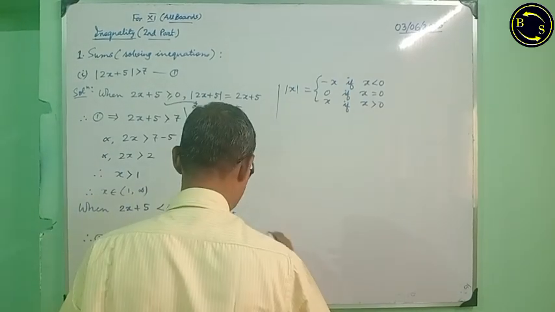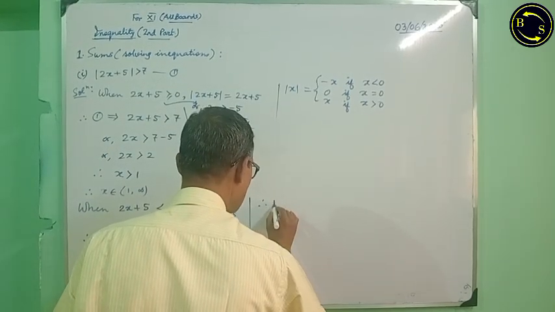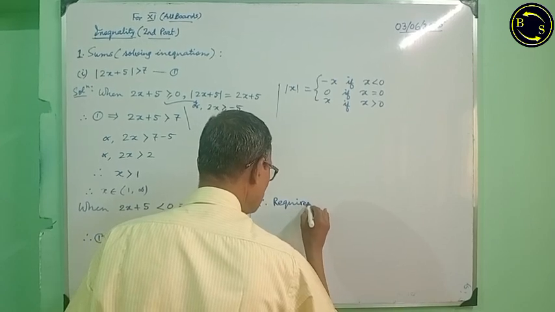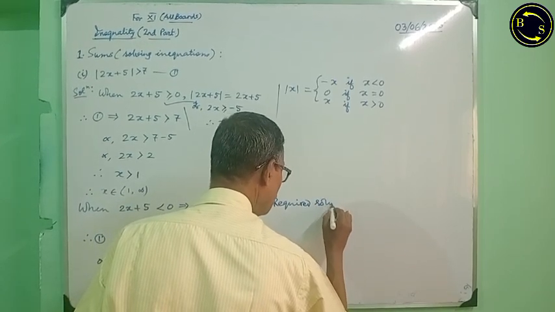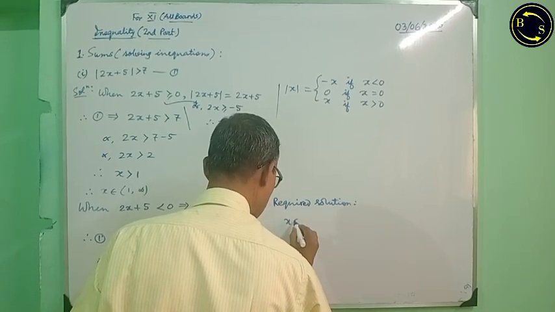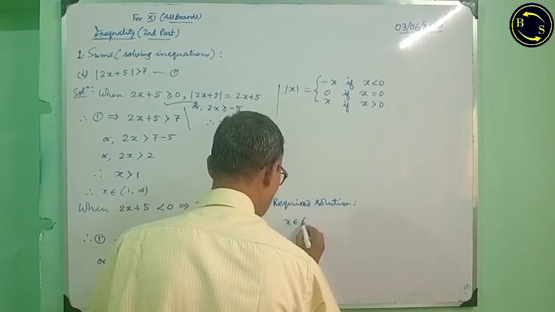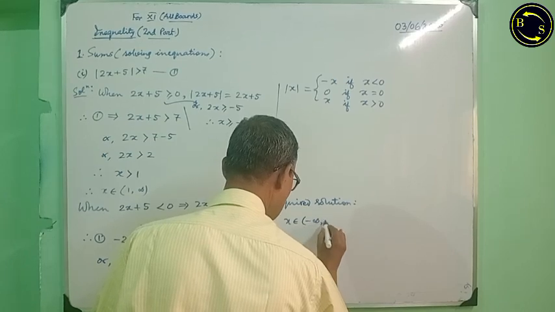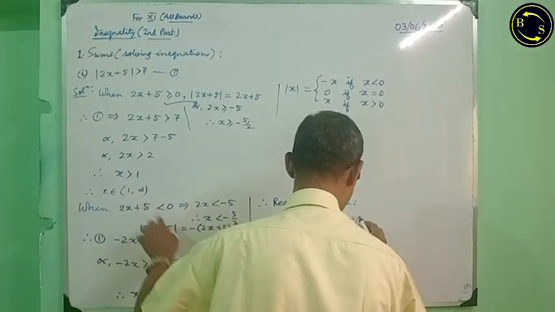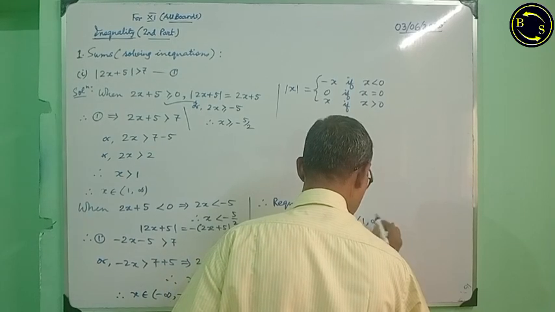Therefore, required solution: x belongs to minus infinity minus 6 union 1 infinity.